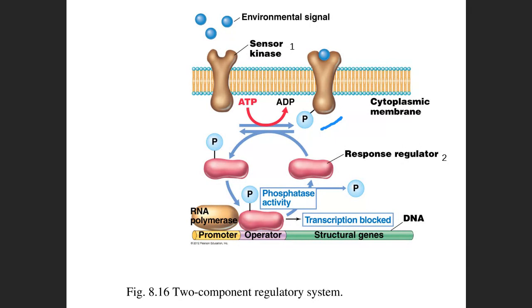So meaning the bacteria sees this molecule, turns off, and then stops the transcription of a particular gene. And you can have other examples, which we didn't draw here, where you have a signal molecule and this phosphorylated regulator then binds upstream of a promoter, and that will turn on the transcription of genes.